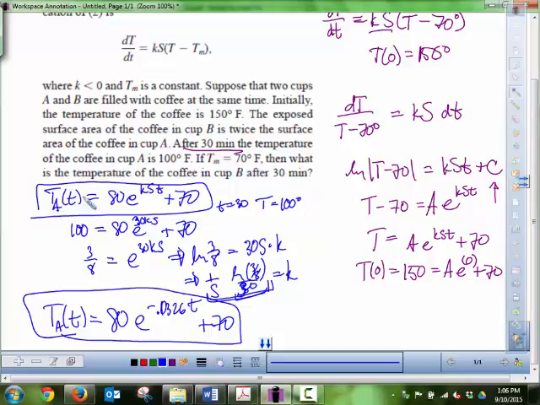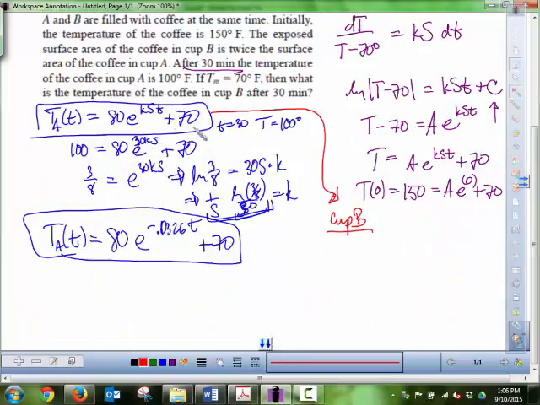Now, if we go through the same process for cup B, what we'll have is essentially the same thing that we have for cup A, with the same K, right?